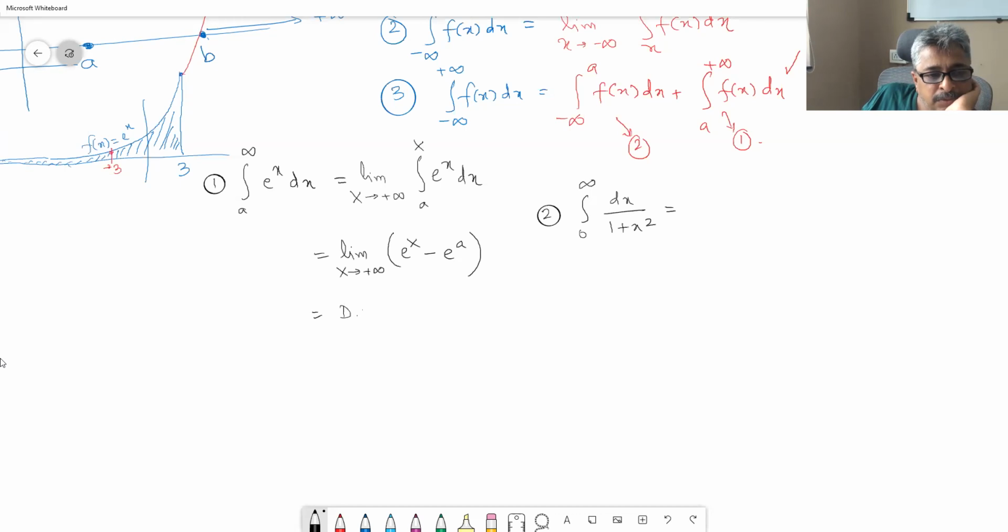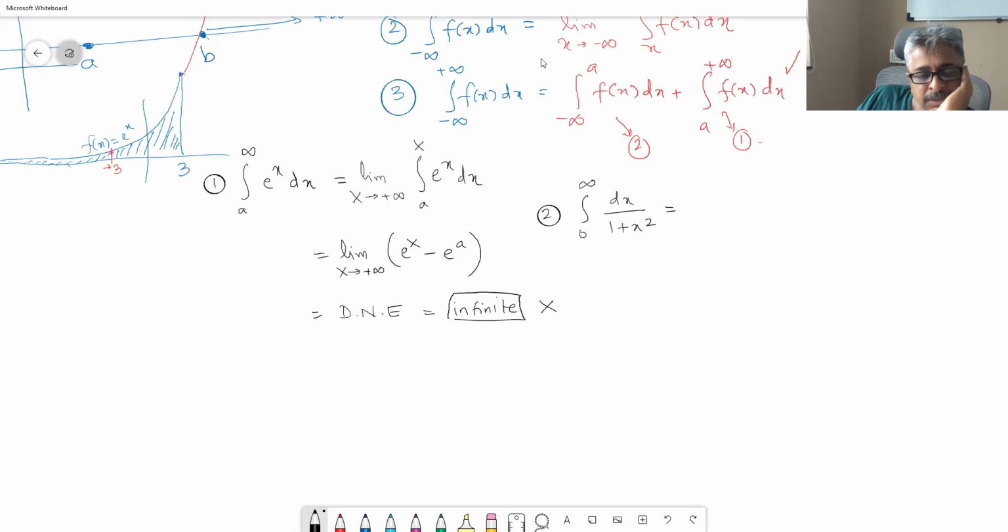So this integral will not give you a real number. If you write the answer as infinite, then it is not correct, because infinite is not a number. After solving your definite integral, you are expected to get a number. Geometrically, it is the area under the curve, so it is a finite number. Therefore, this is not correct. You should write that the limit does not exist, therefore this integral does not exist.